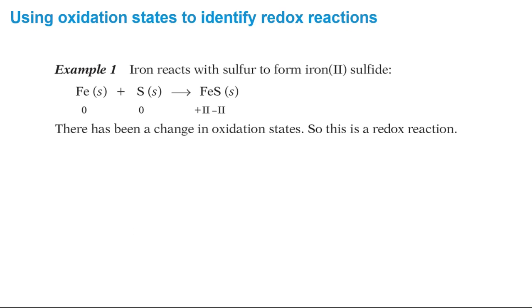There is increase in oxidation state from 0 to +2, which means iron is oxidized, and sulfur oxidation state changes from 0 to -2. That means sulfur is reduced. So it is a redox reaction.